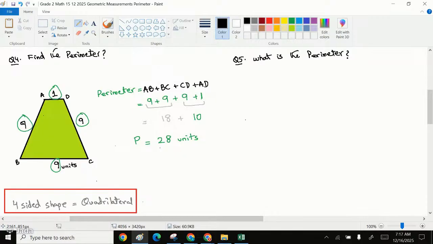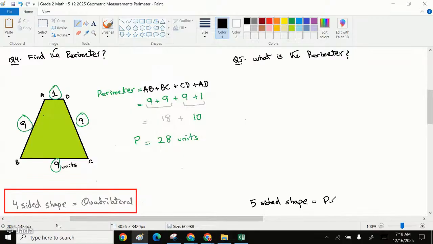But this shape has 5 sides. So if we have any shape that has 5 sides, okay, a 5-sided shape, a 5-sided shape is known as, can anyone answer? It's called penta something.